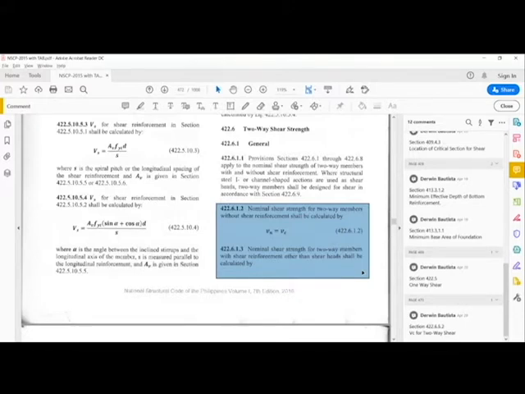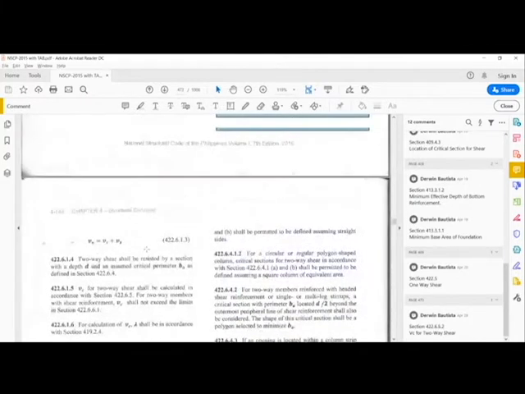Capital V means shear force, either in newton or kilonewton; in the case of our codes, it is in newton. The small v here is the shear stress, so the unit should be in megapascal or kilopascal, and in the case of the code, it should be in megapascal.